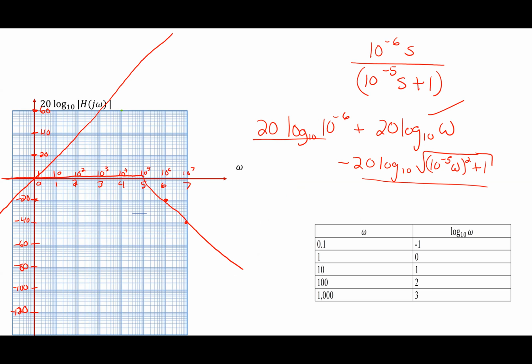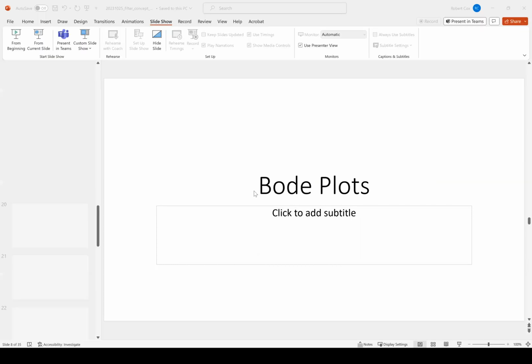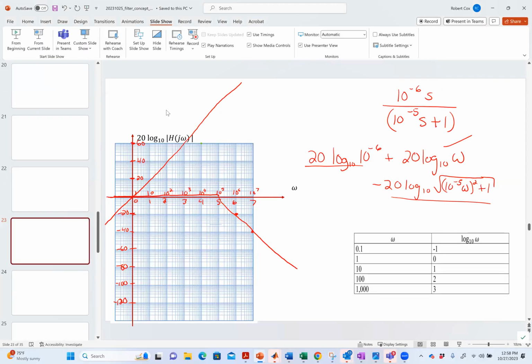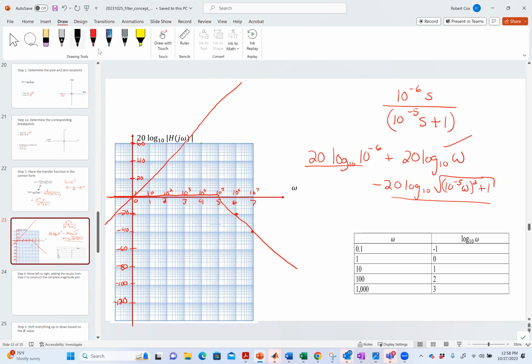At this frequency, I'm going to change my color. No, I don't want to go to red. I want to do black. Okay. All right. I want to move from left to right.